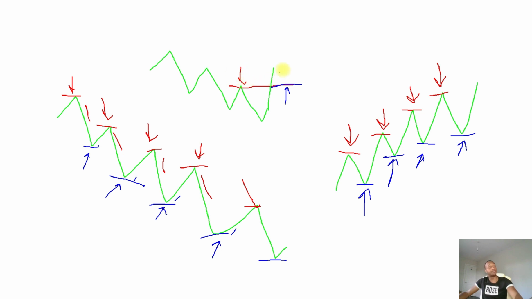So let's say that price came back down to touch this level, buyers come into the market and try to drive price higher, and if they succeed, price goes higher. The important thing to remember with support and resistance is that they do switch. So a resistance level can become a support level and vice versa.